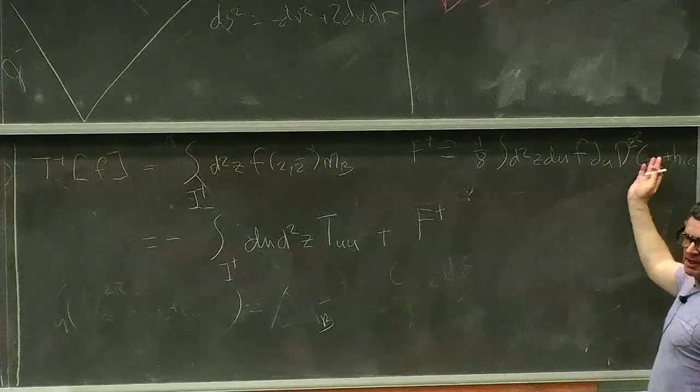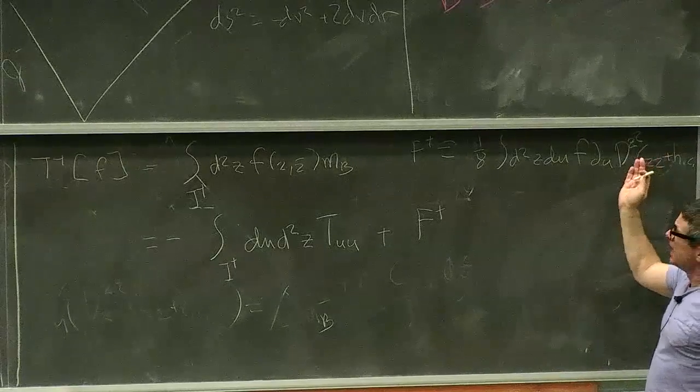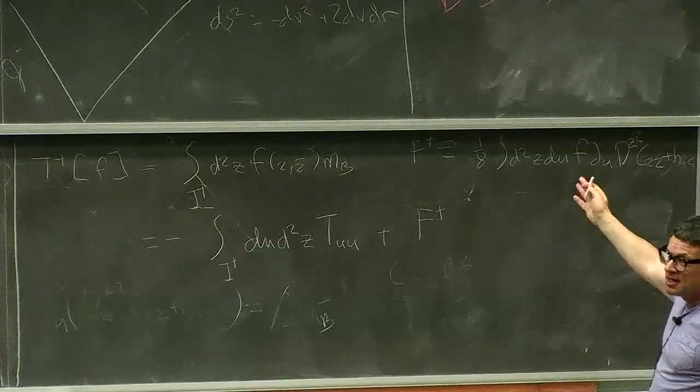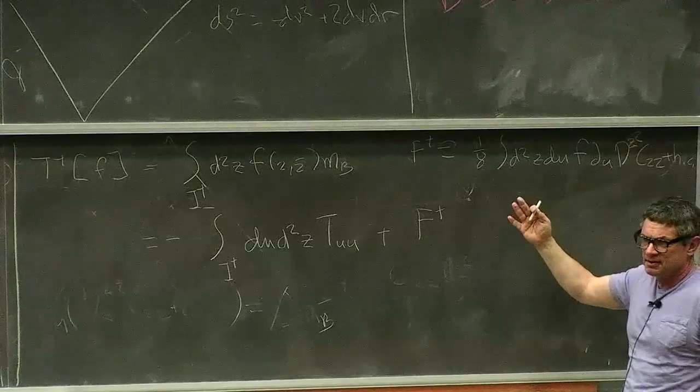So F is linear in the graviton field. And so it creates a zero momentum soft graviton.